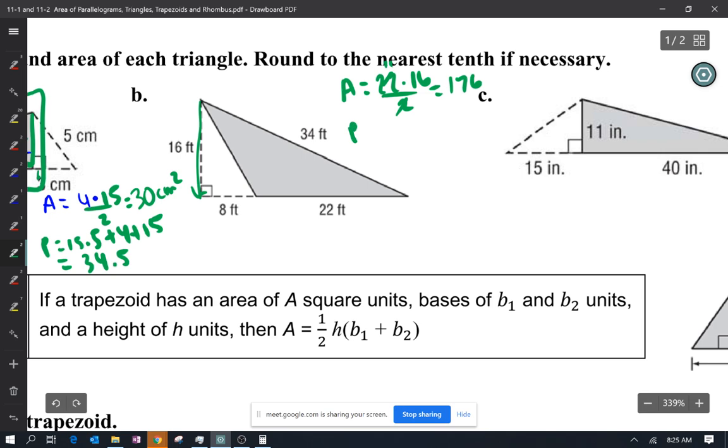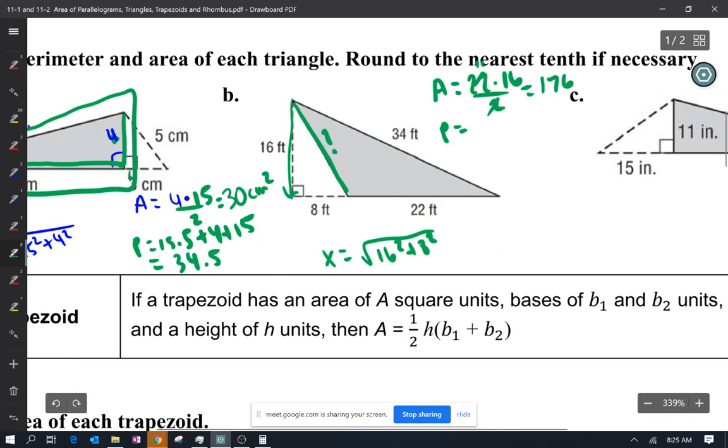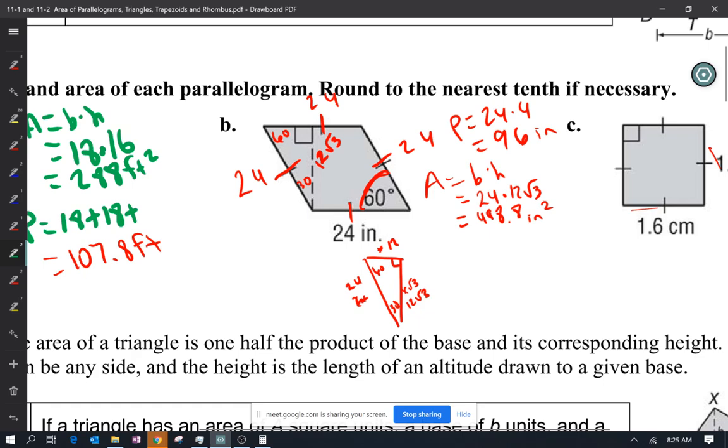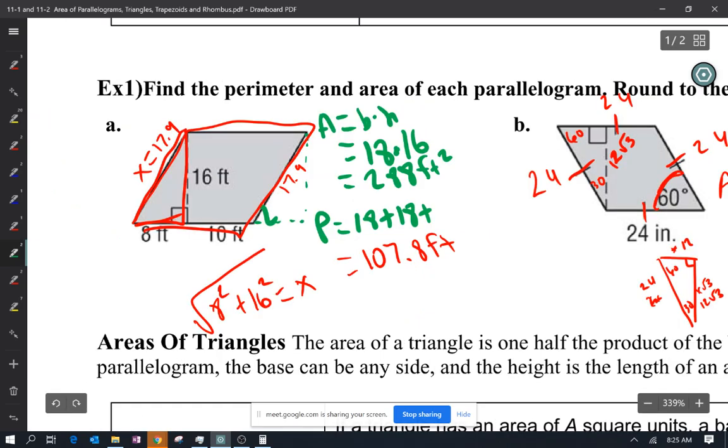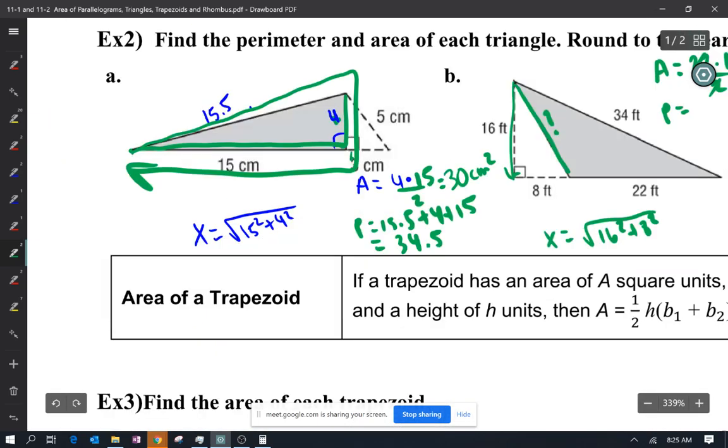The perimeter, I need to figure out what this is. I don't know what this is. Well, it's a Pythagorean theorem. So x is equal to the square root of 16 squared plus 8 squared. Why do I feel like I did that number earlier? Didn't I do that number earlier? Oh yeah, I did, 17.9. I don't know why I didn't catch that.